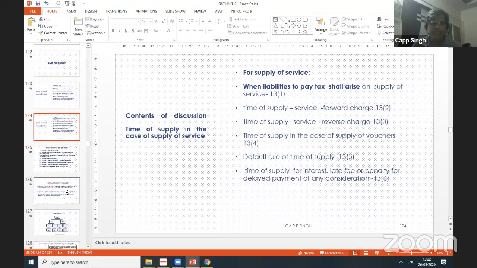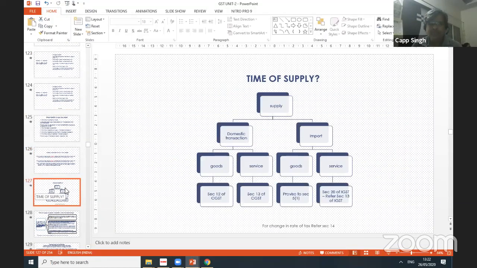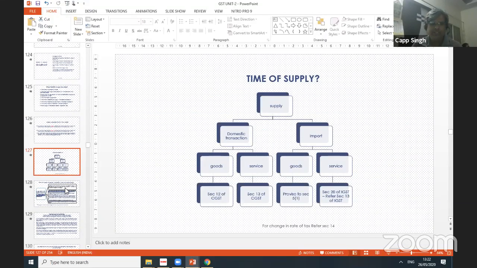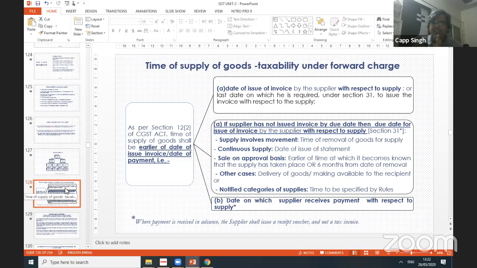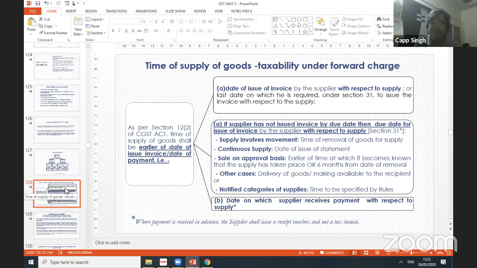There may be situations regarding the date of invoice by which you should issue it. There is a concept in GST of a maximum time limit by which you must issue the invoice.